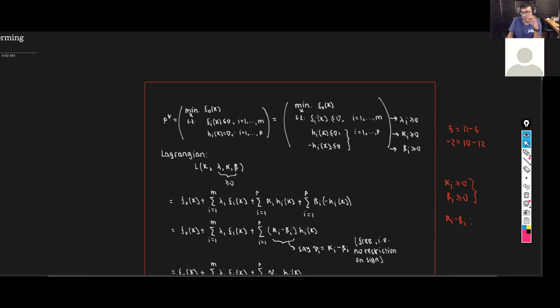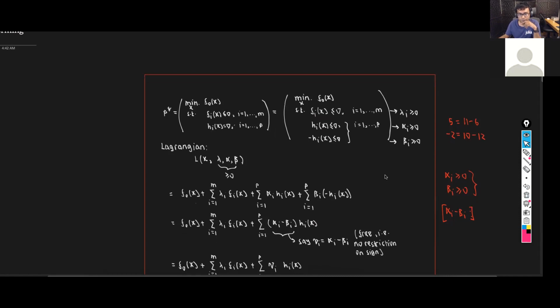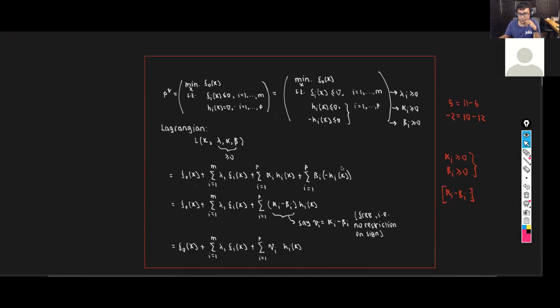So any number can be written as a subtraction of two positive numbers. That's why, if alpha_i and beta_i are positive variables, then alpha_i minus beta_i, over all the values of alpha_i and beta_i that I could pick, will be a free variable. Do you have any question about this? Because this is the key observation. Right, no, it makes sense, I think.